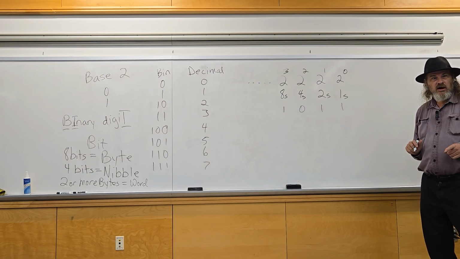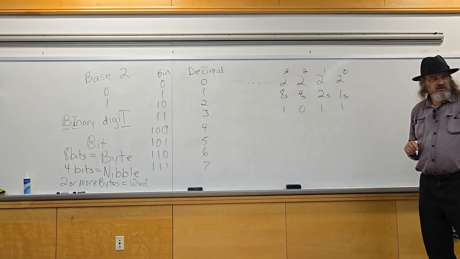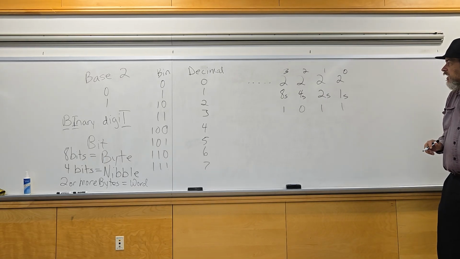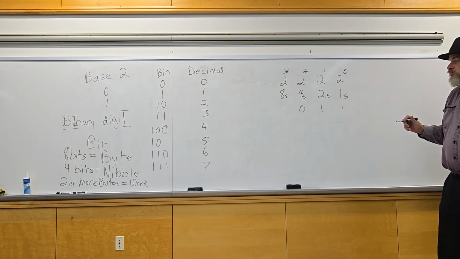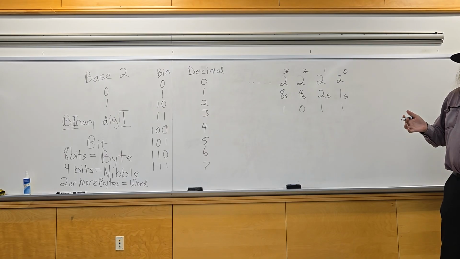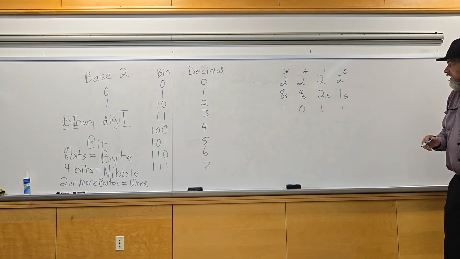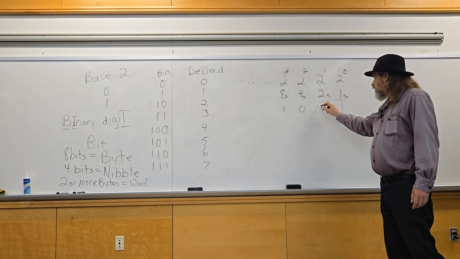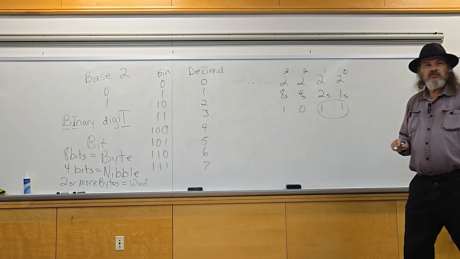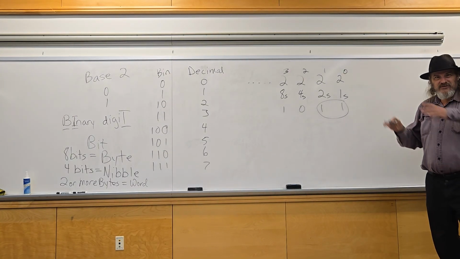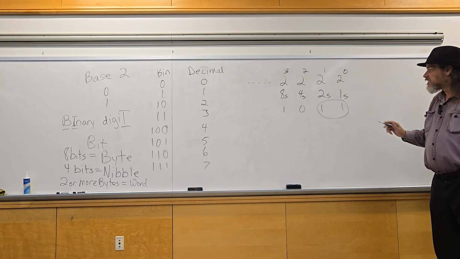Yes. So 8 plus 2 plus 1 is 11, which you'll pick up little things like this along the way. It happens to be the last 2 digits of the number there. In this particular case, it's 11.